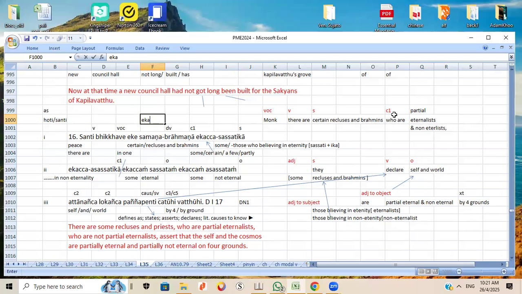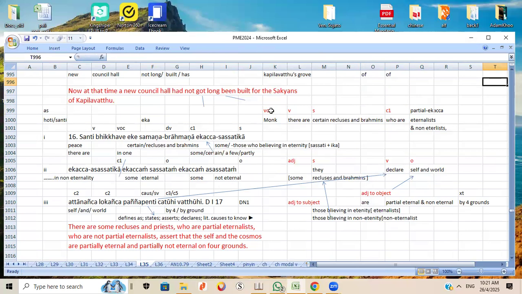Partially, a bit here and there. So here, partial eternalist. Can you see this non-eternalist? We put and non-eternalist. So the word ekacha and ekacha, we take this. This is ekacha. Okay. So the first line, up to here, I draw a line, is complete.